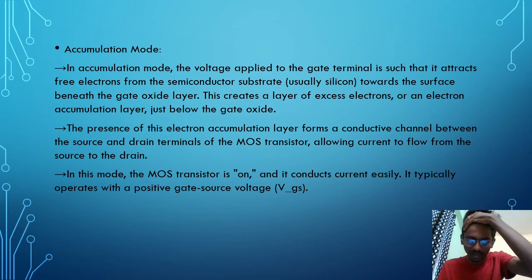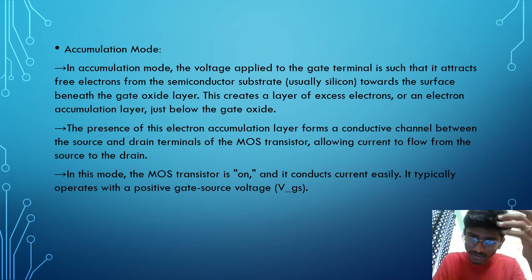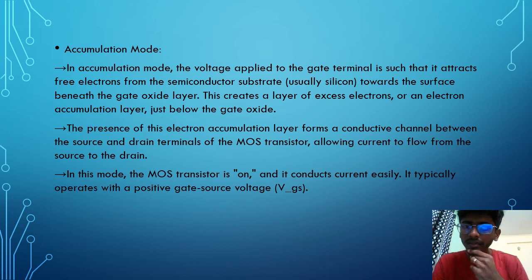The presence of this electron accumulation layer forms a conductive channel between the source and drain terminals of the MOS transistor, allowing current to flow from the source to drain.